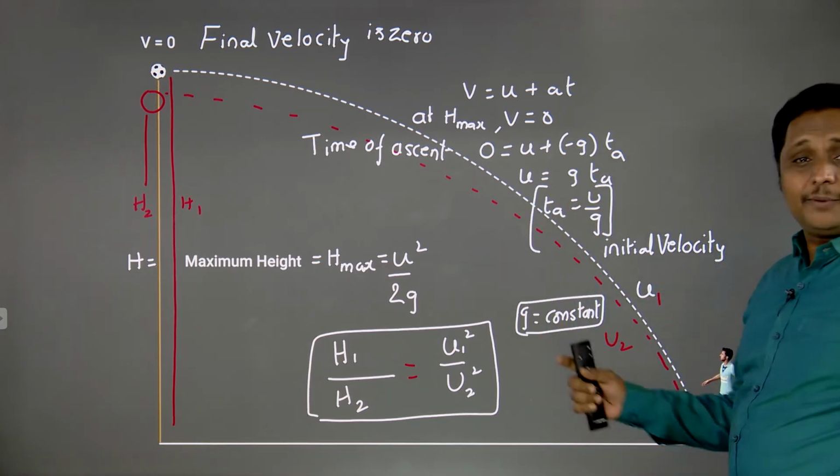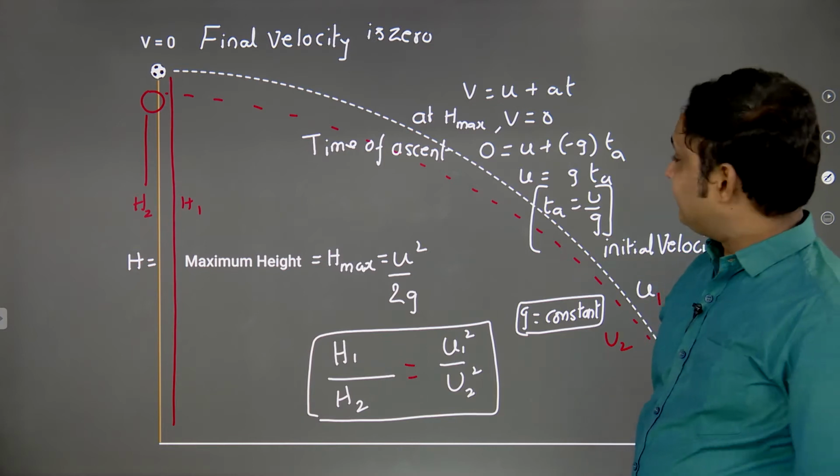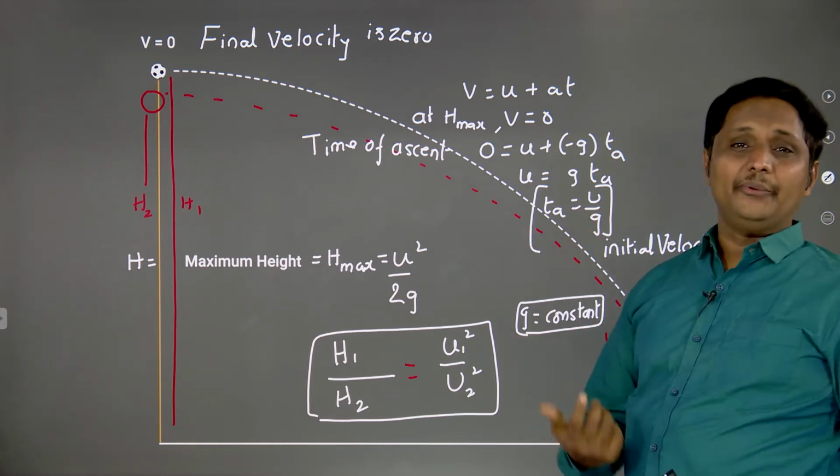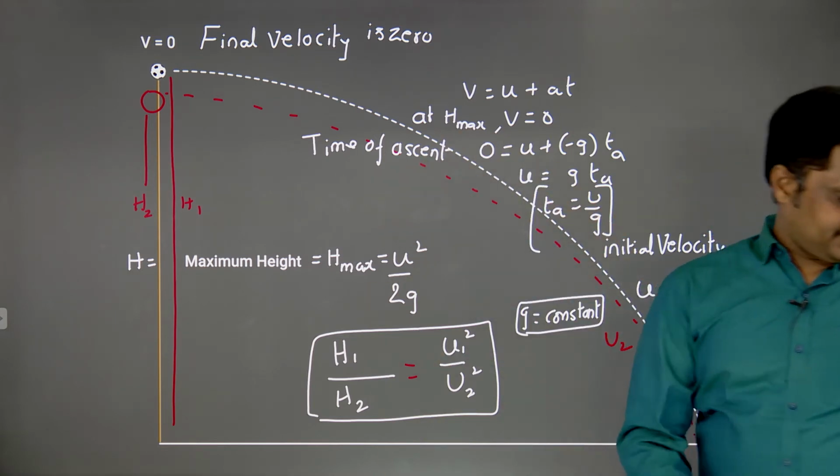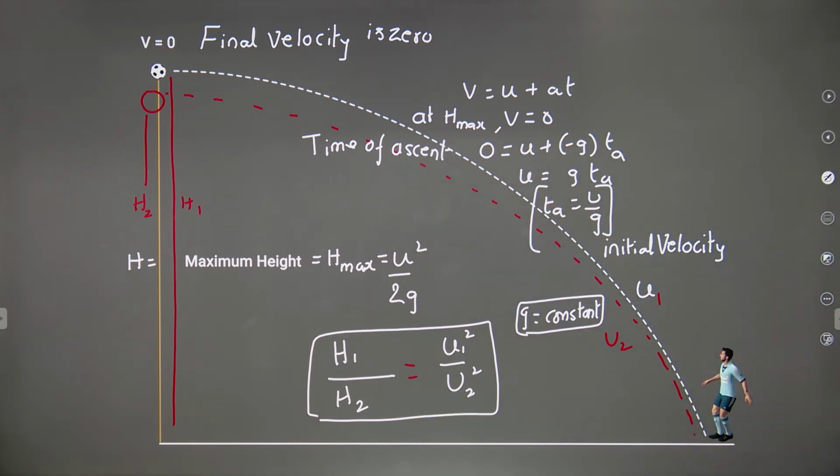Have you obtained that expression? It is very clear, you are going to have that time of ascent. Please get this one. All of you have to identify that everything is clear in this picture. Initially it has been projected with an initial velocity, it has reached the maximum height, defined where its final velocity is going to be 0, that is the vertical.